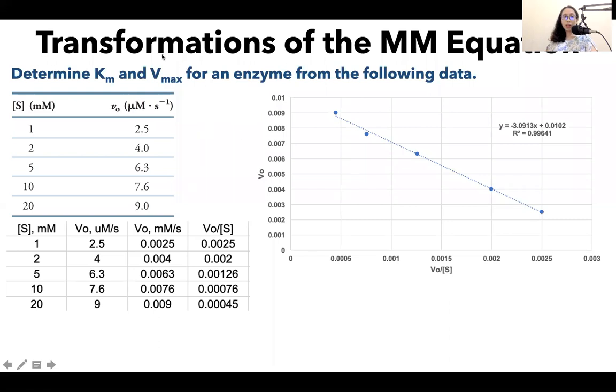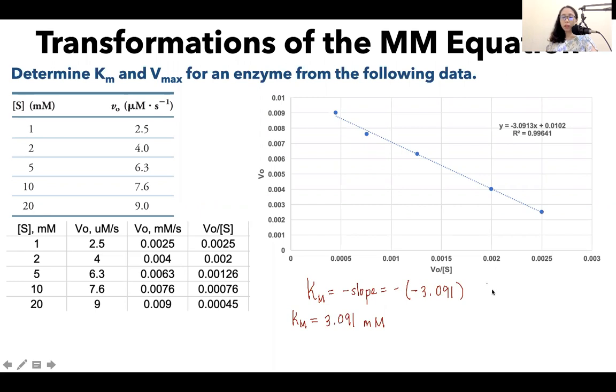The Km, or the Michaelis-Menten constant, is again equal to the negative of the slope. So the slope is negative 3.091. So our Michaelis-Menten constant is equal to 3.091 millimolar.